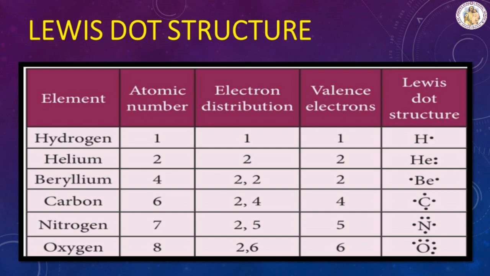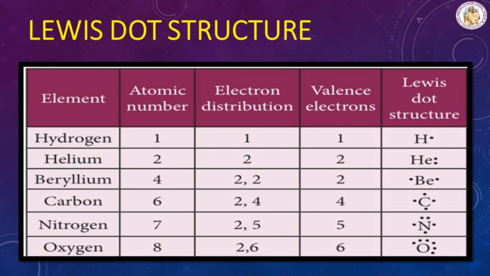Next, beryllium, atomic number 4, its electron distribution 2, 2, valency electron is 2, and beryllium has unpaired electrons, so we'll give unpaired dots. It means single dots. Next is carbon.